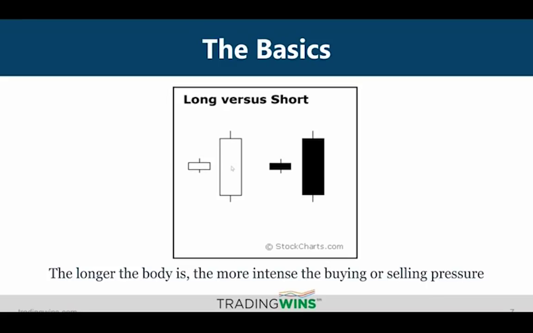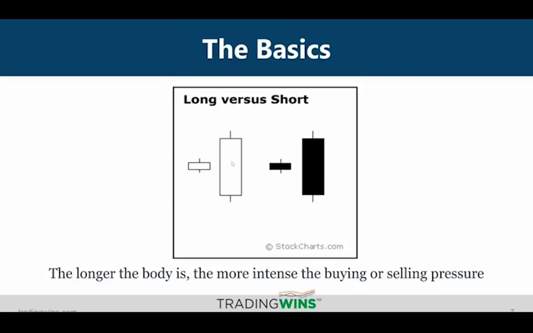Then we look one step to the right here, this larger clear candle. Again, we read it the same way. We opened at the bottom edge of the candle. We went as low as this wick here, as high as this point, and we settled up here. Now we settled much higher than the open. So obviously there was a much wider range from low to high.